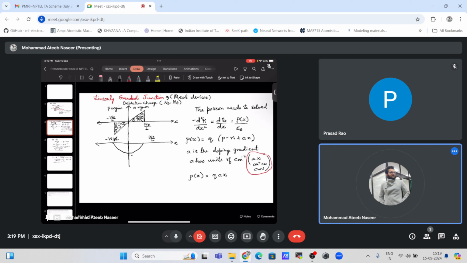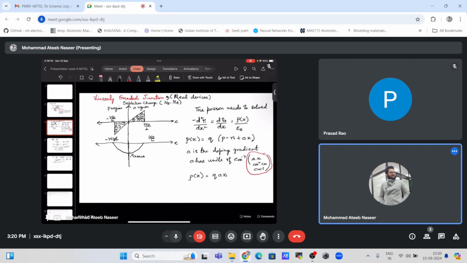Okay, so this will be negative, so this will be the maximum magnitude value. And this maximum value is simply given if I put x equal to 0 in the previous expression.